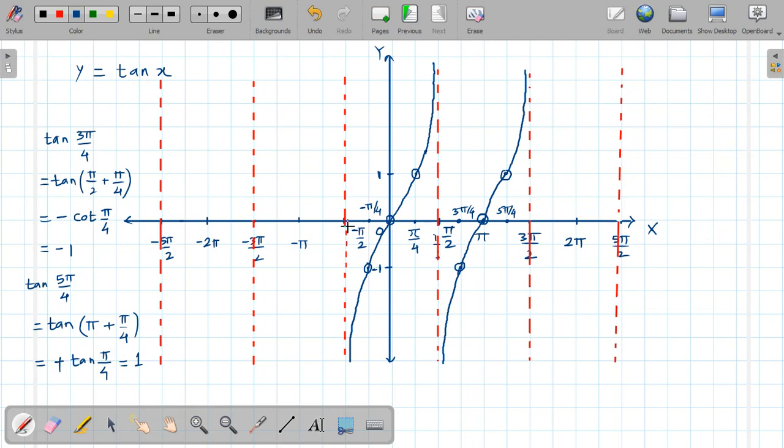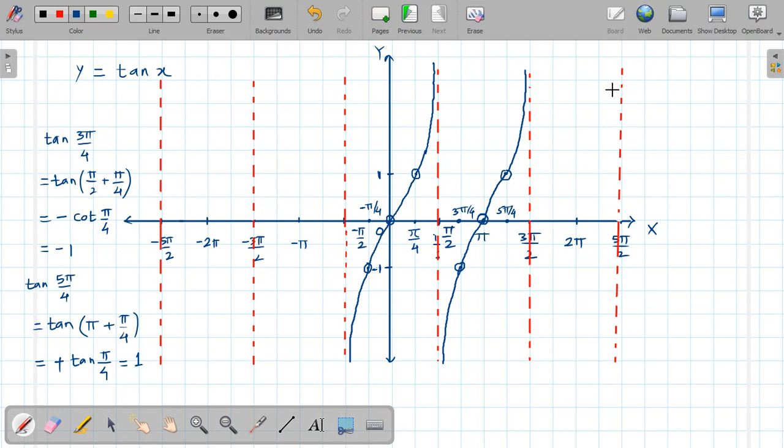Make the intervals like this, and then for the value of the tan ratio, tan 0 is 0, tan pi is 0, just show it like this. Then take the middle points pi by 4, minus pi by 4, or here 3 pi by 4, 5 pi by 4, like this, and just show the point of infinity like this. Okay, so this is the technique to draw the graph of the tan function.